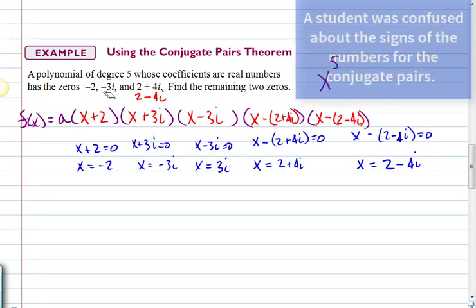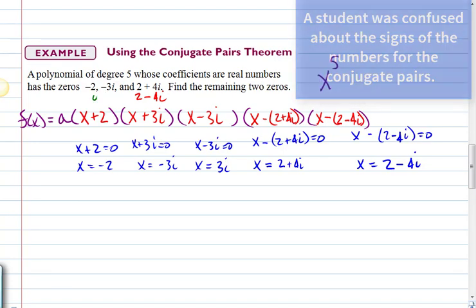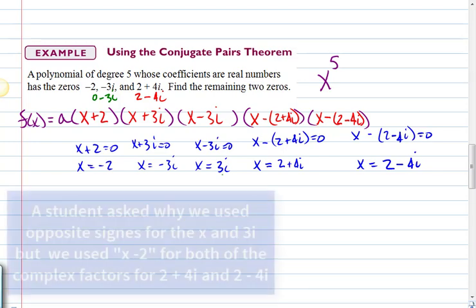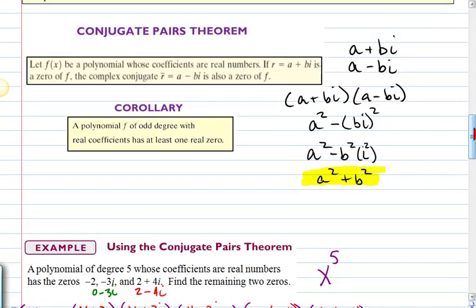Okay, 3i can be written as a complex number by writing 0 minus 3i, and then the conjugate pair would be 0 plus 3i. Well, that's this right here. 2 is the real part of this answer on the conjugate pair. Let me roll back up. This deserves clarifying. We know that if 2 plus 4i is an answer, 2 minus 4i has to also be an answer.